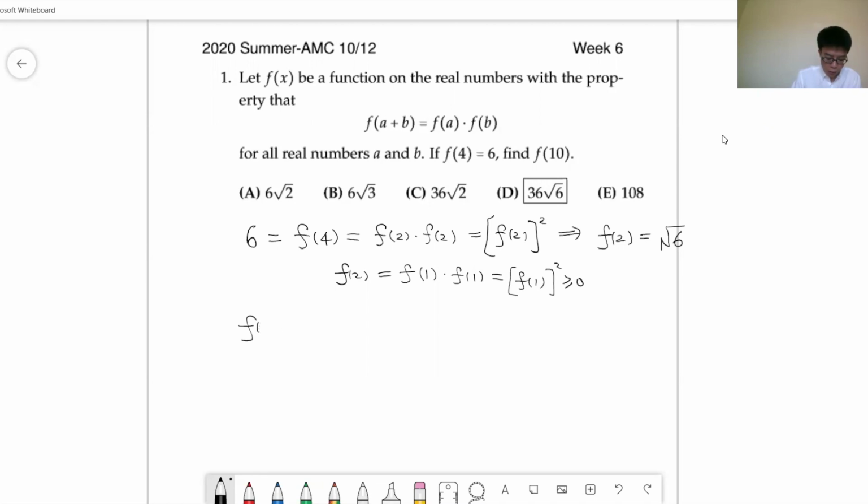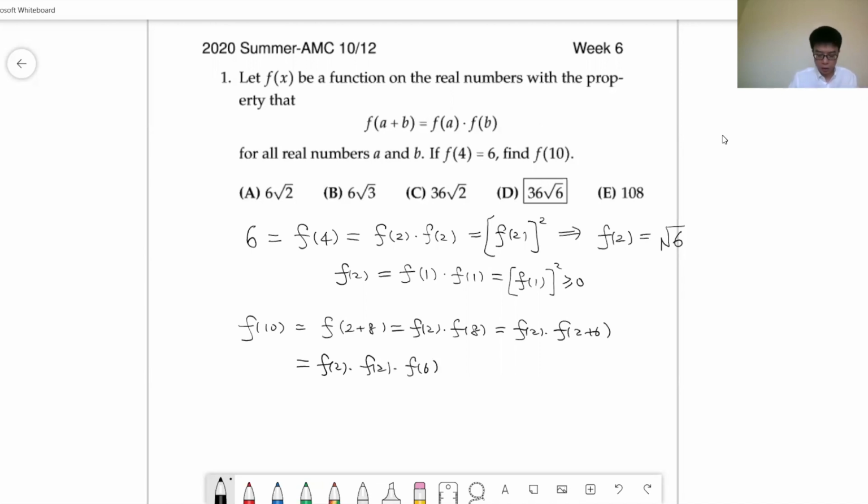So 10 equals the sum of 5 2's. So this is f of, say, 2 plus 8, which is f of 2 times f of 8, right? And 8 equals 2 plus 6. So that's equal to f of 2 times f of 2 times f of 6.